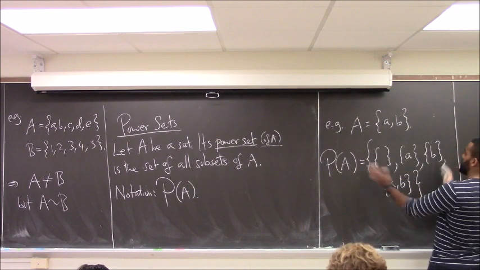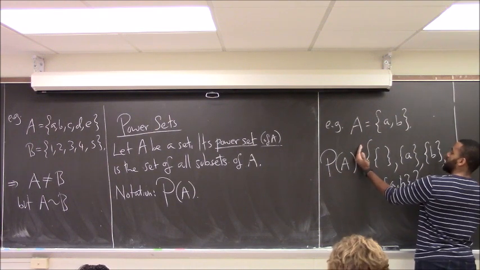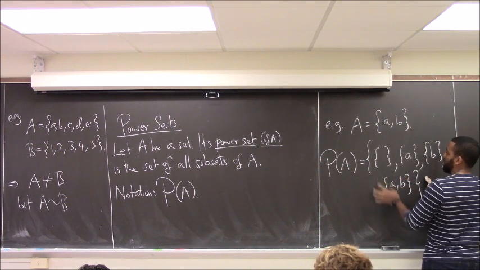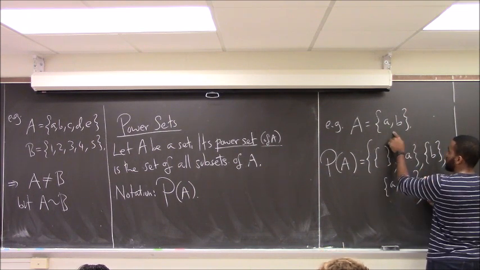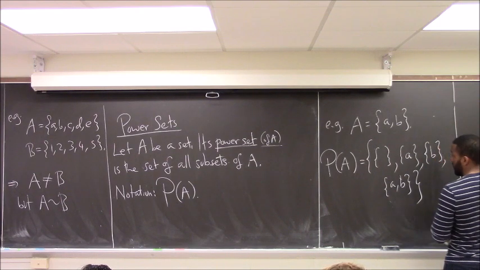Notice it is a set of sets. So I have one set, and the members of that set are other sets. If the members represent all possible subsets of this set, we call it a power set.